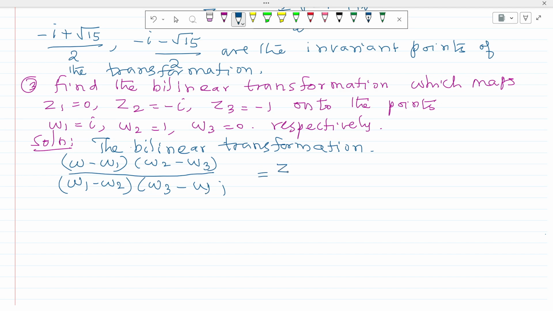The right-hand side is the same thing, only substituting W equal to Z. So Z minus Z1, Z2 minus Z3, over Z1 minus Z2, Z3 minus Z.